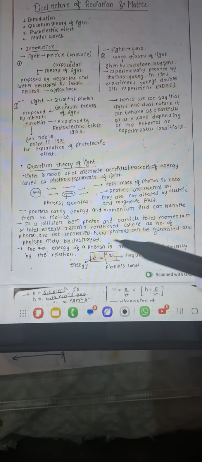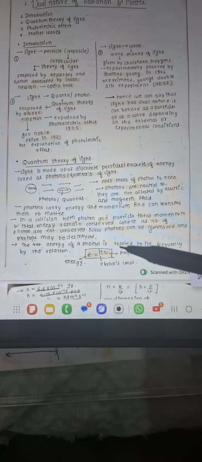Next, the energy of a photon is related to its frequency by the relation E equals h nu, where E is the energy, h is Planck's constant, and nu is the frequency of light.